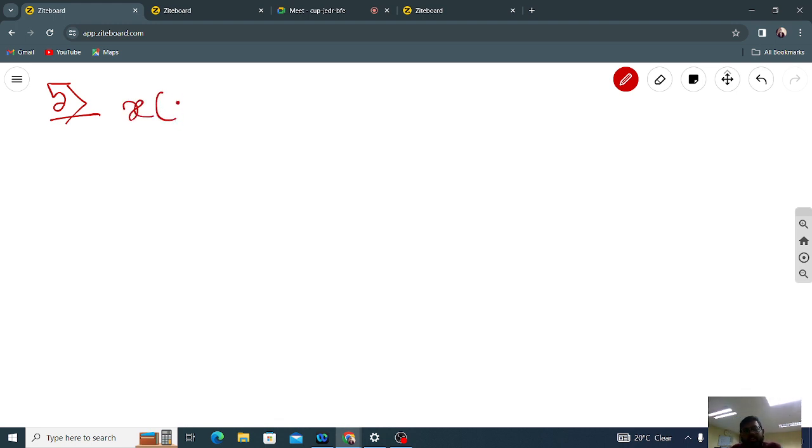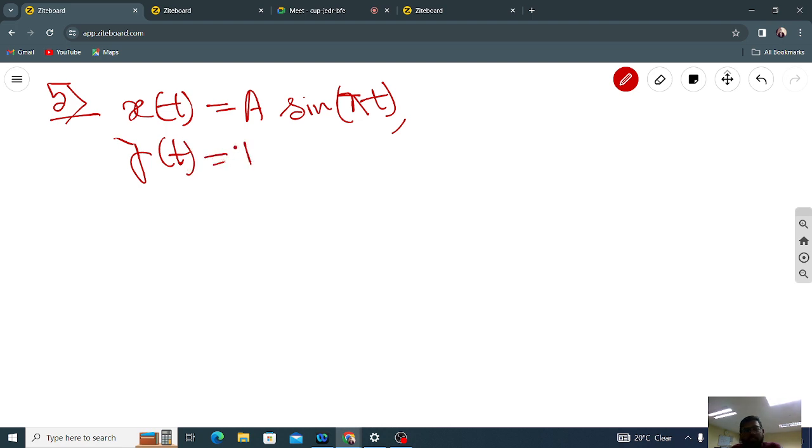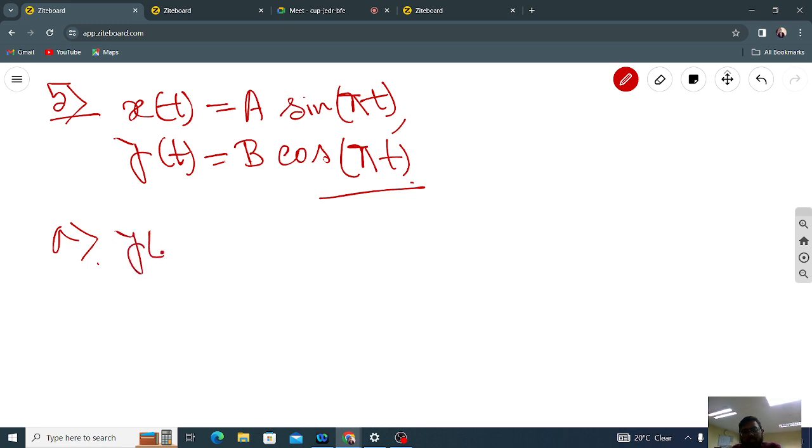Suppose there are two signals, x of t is equal to a sine pi t and y of t is equal to b cos pi t. Which of the following relationships is true? First of all, y of t is equal to a by b x of t plus 0.5.